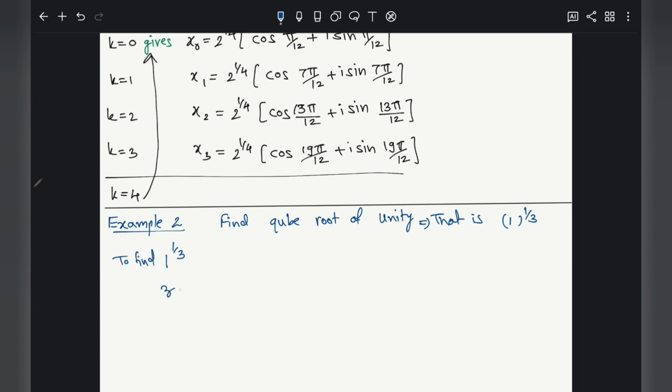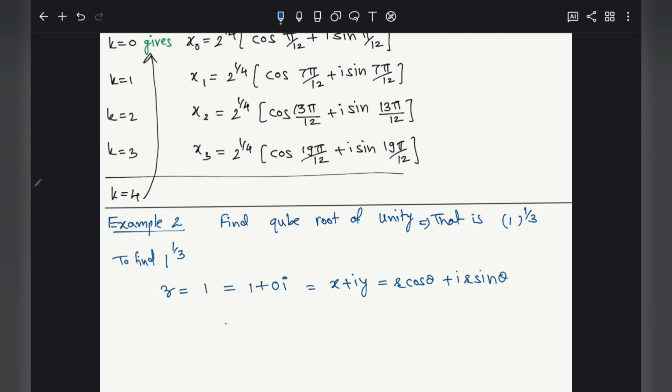So our basic complex number which is given is 1, that is 1 plus 0i. So you have this as x plus iy, that is r cos theta plus i r sin theta. So you can find out r and theta very easily.